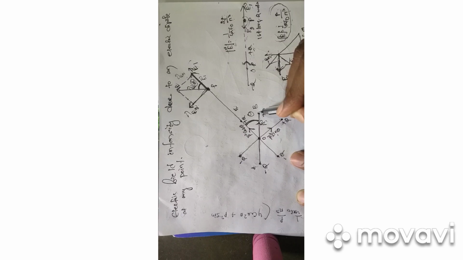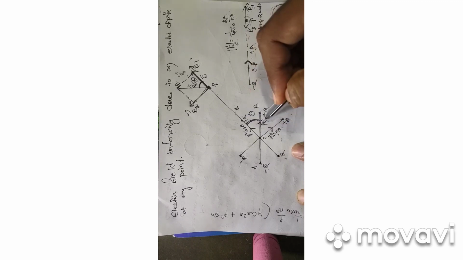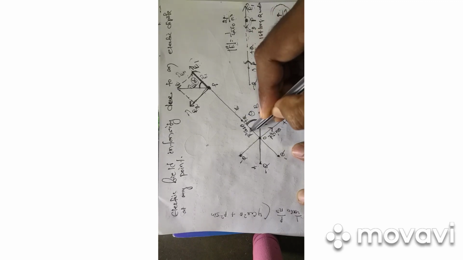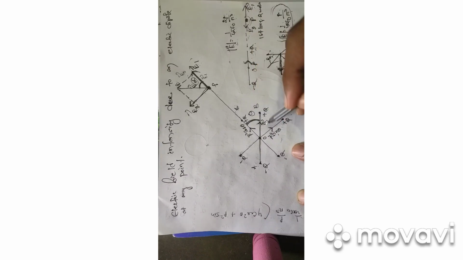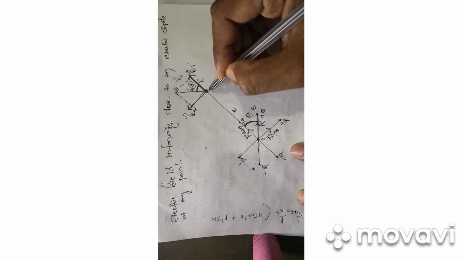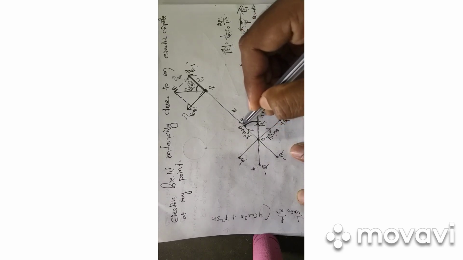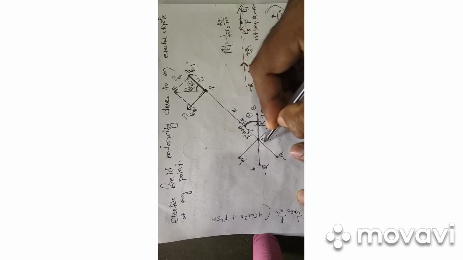The dipole moment is resolved into two components, along the horizontal direction and along the vertical direction. Along the horizontal direction, the dipole moment is represented as p cos theta. Along the vertical direction, it is represented as p sin theta. The point P acts along the axis of the dipole, that is, along the horizontal line.